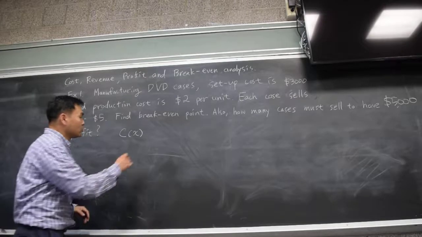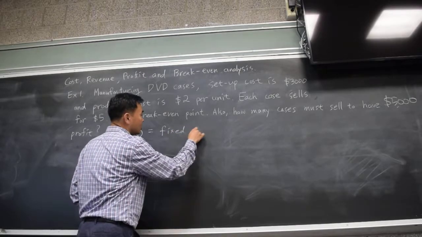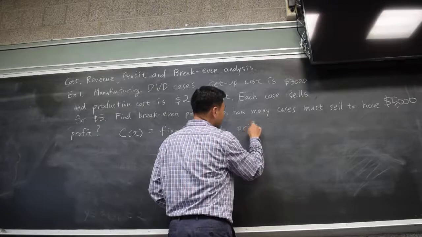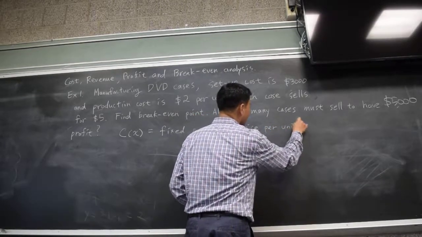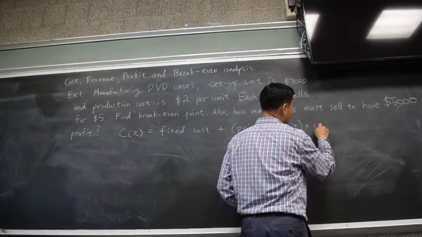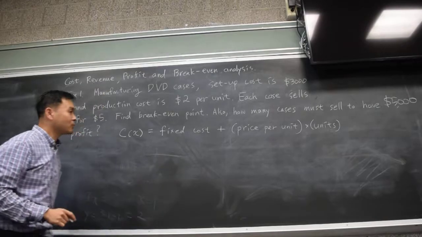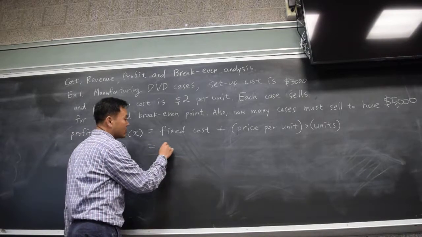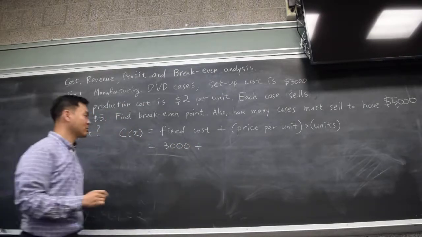Yes, it should be fixed cost plus cost per unit times units, the number of items you make, and therefore it should be $3,000 plus 2x. Very simple.